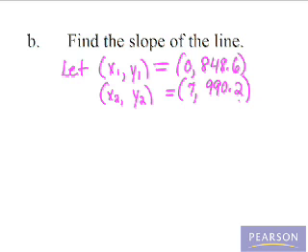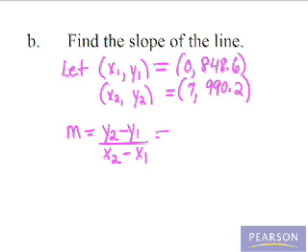Then we use the formula for slope. m is y2 minus y1 over x2 minus x1. And we substitute in for those values.